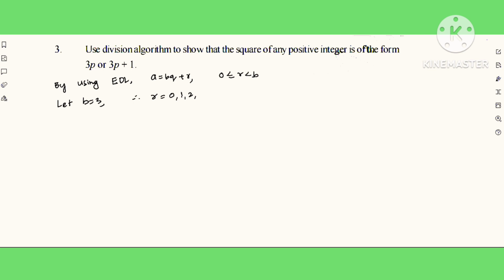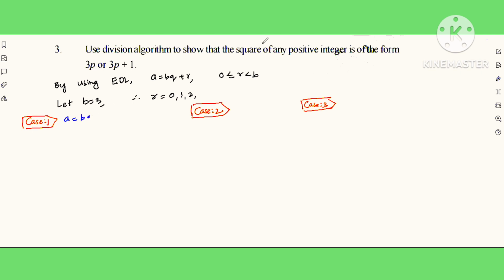Okay. So what will be the numbers? 3q plus 0. So I'm taking the cases. Case 1, case 2, case 3. Case 1, what is case 1? a equal to bq plus r.